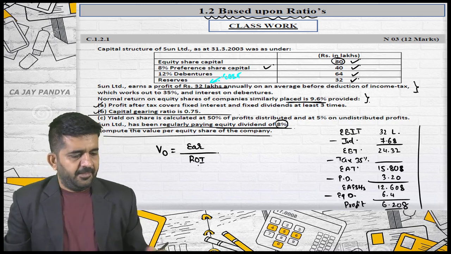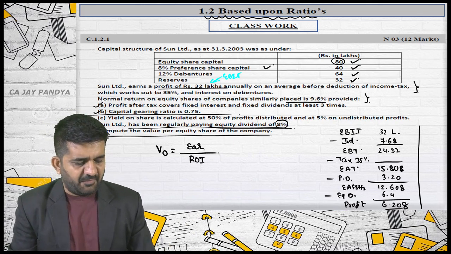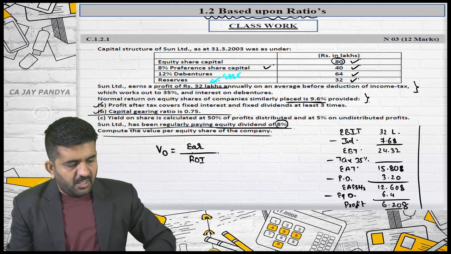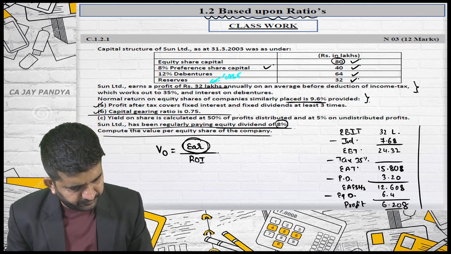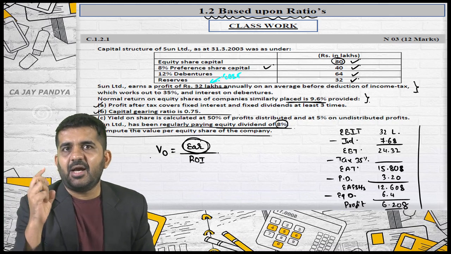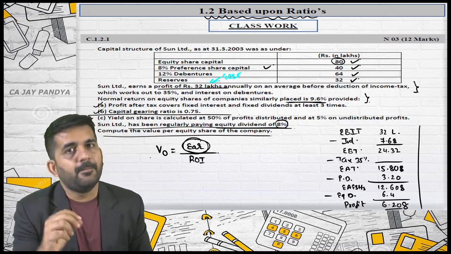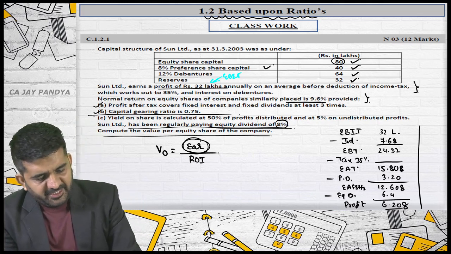Is it alright? Why not with growth? I'll explain you. But first let me find out all the points. First I need to find out this earnings. Now I can take dividend. I can take earnings per share.